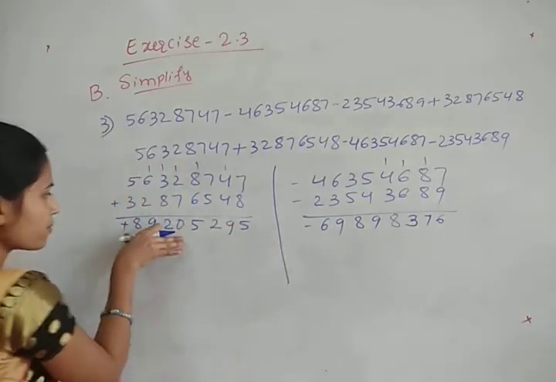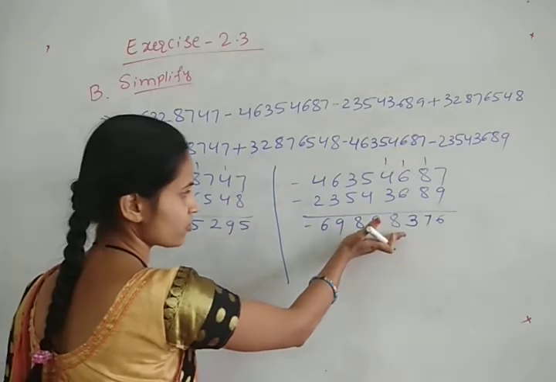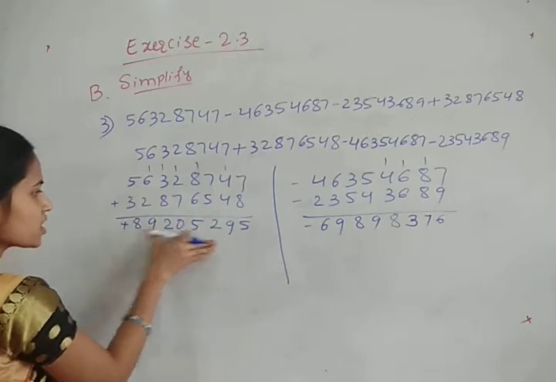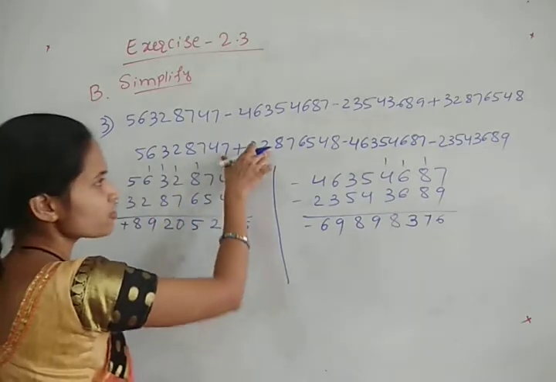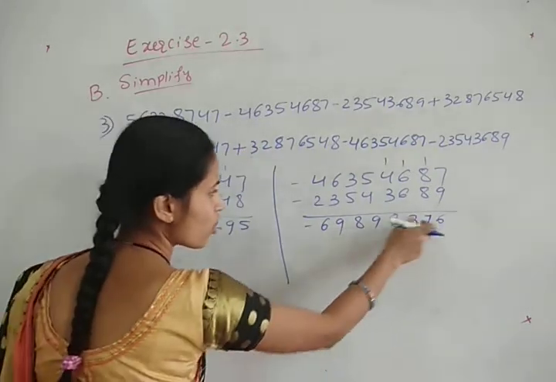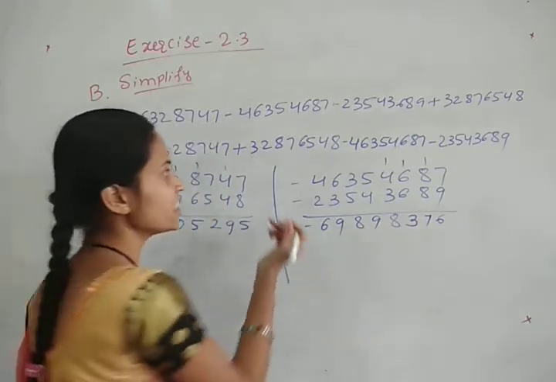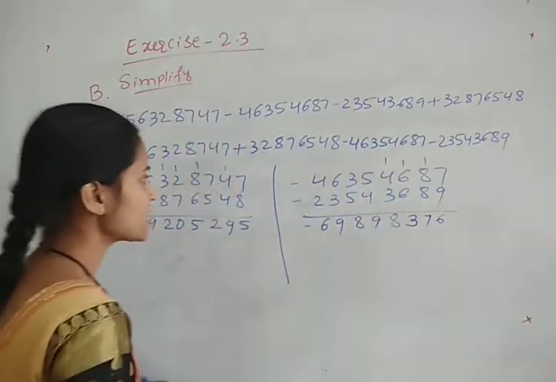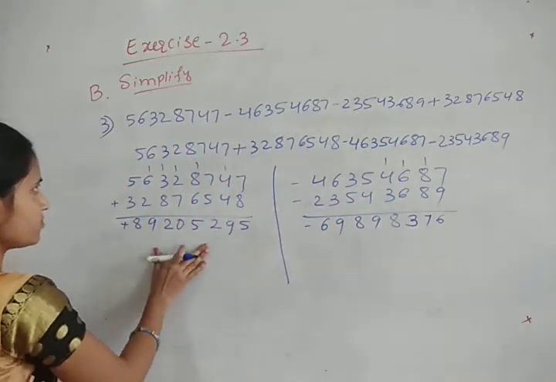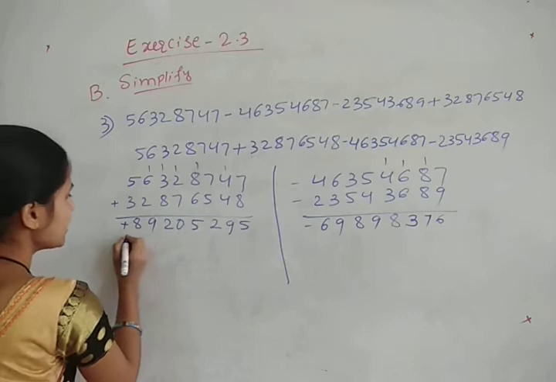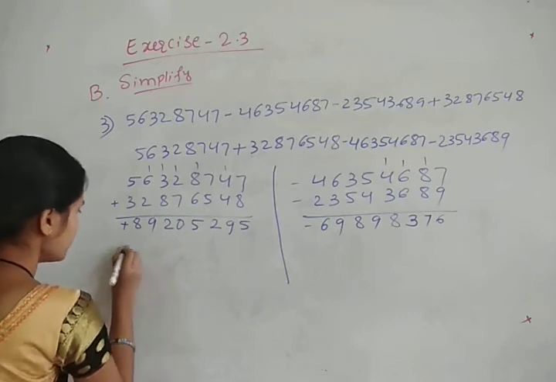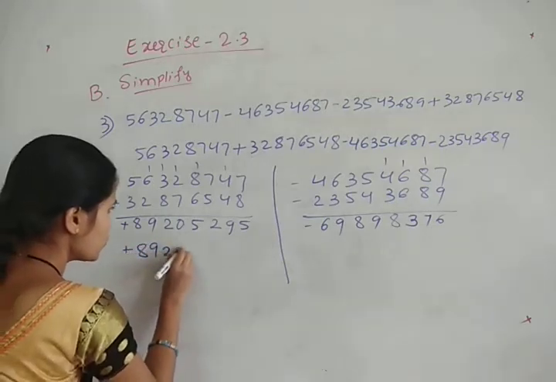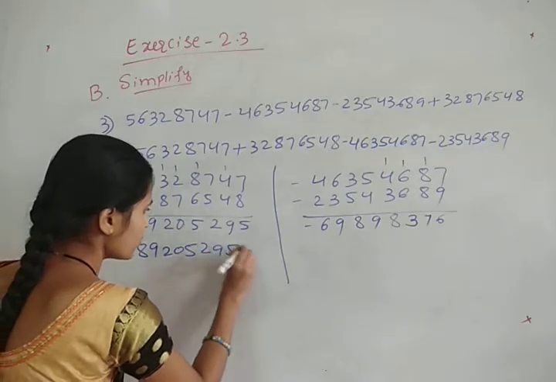Okay, now from this number I will subtract this one. We have got this sum after adding the two numbers with plus symbol, and we have got this sum by adding the two numbers which are having the minus symbol. Now lastly we can write like this: 89205295 minus.